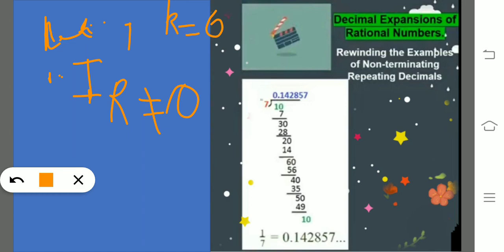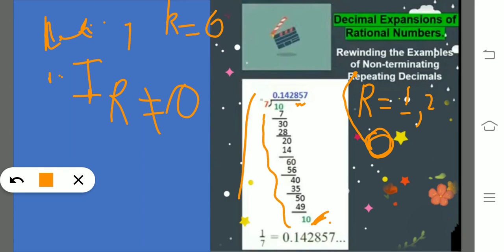If you are dividing and you get remainders like 1, 2 and so on, except 0, then it will be a non-terminating decimal expansion. Let us see this example. You are seeing this green digit, it is 10, and in the last remainder you can also see it. It means the question will repeat again, so that's why it is known as non-terminating.